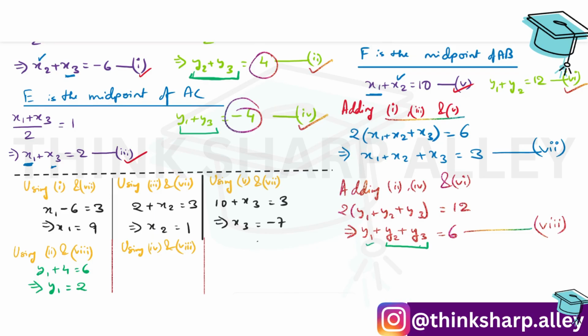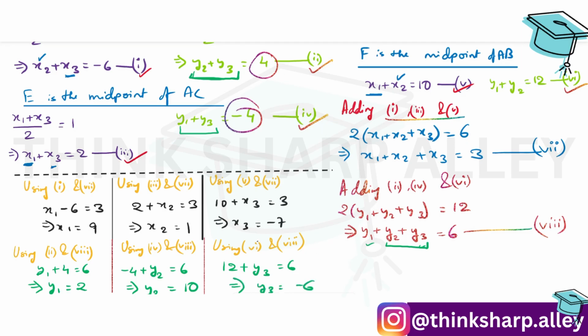So in place of y1 and y3 I'll put minus 4, plus y2 is equal to 6. So that gives me y2 as 6 plus 4, 10. Now using the final one, 6 and 8, in place of y1 plus y2, I'll put 12, plus y3 is equal to 6. So that gives me y3 as minus 6.